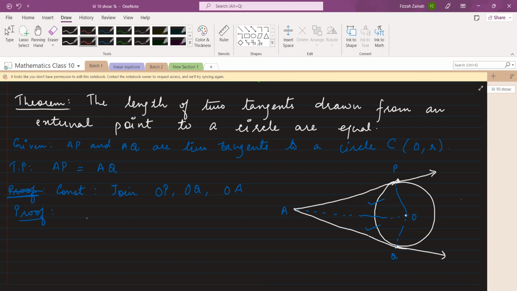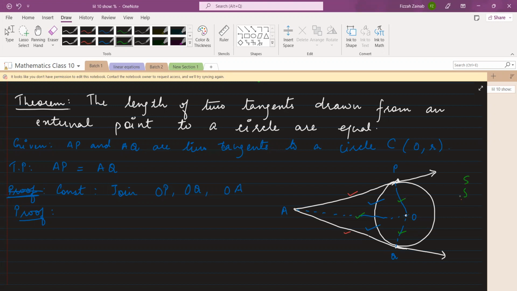Okay, so this side basically I have to show equal. Now this side I have taken. Now what about this third side of the triangle? Are they related? Yes, both are equal because they are radii. So two sides I have got.